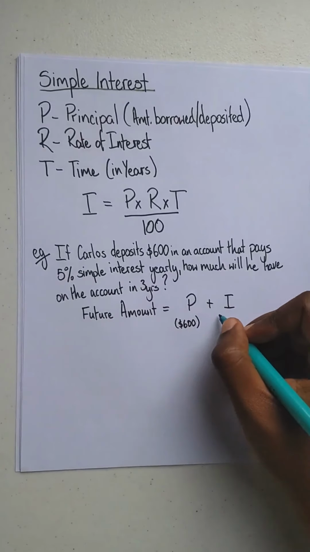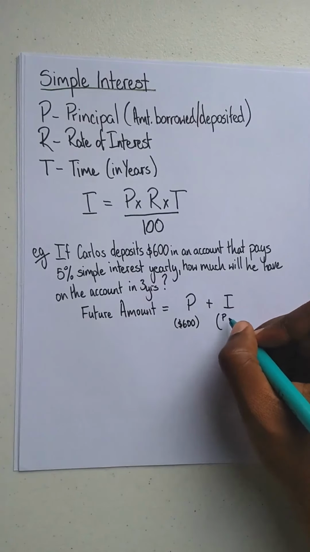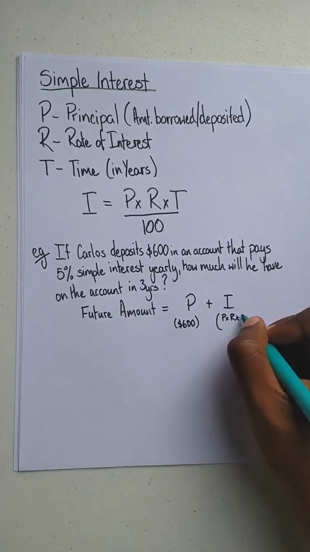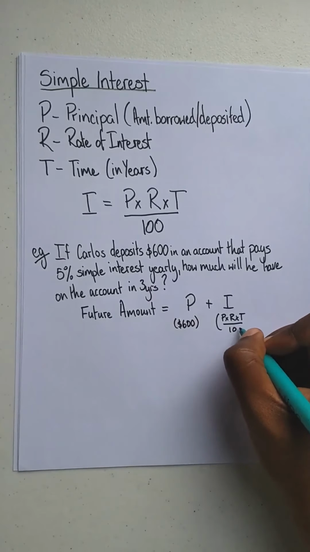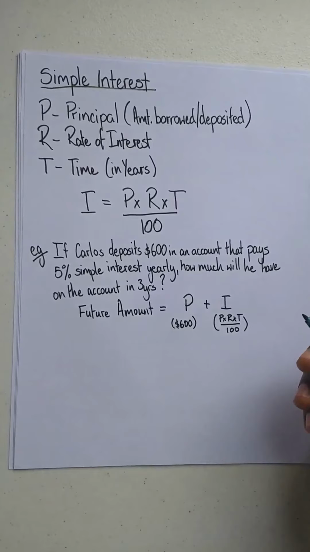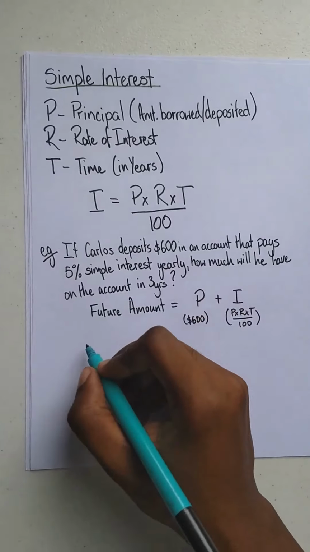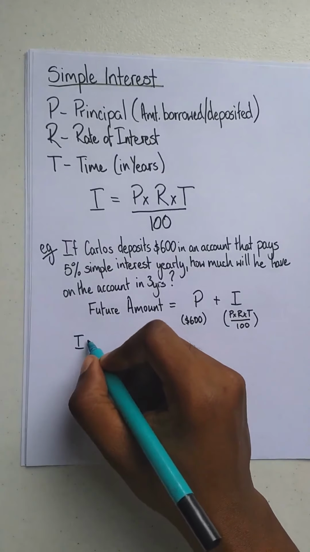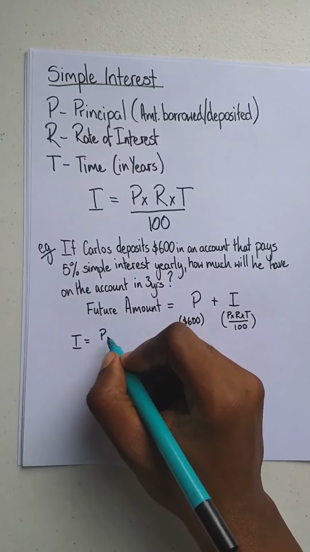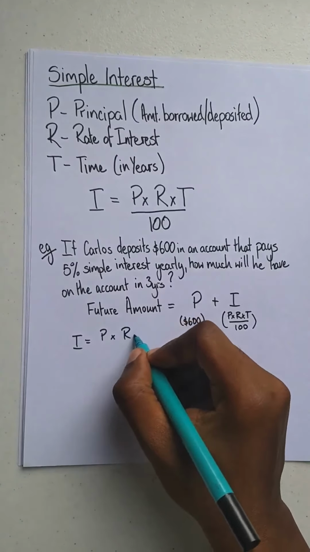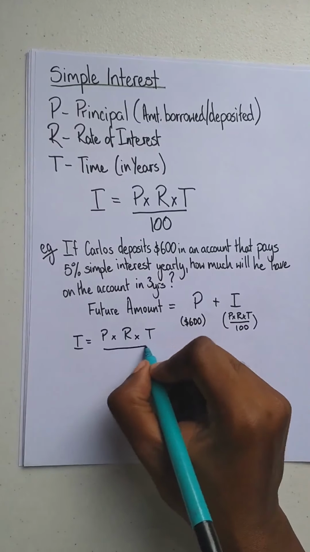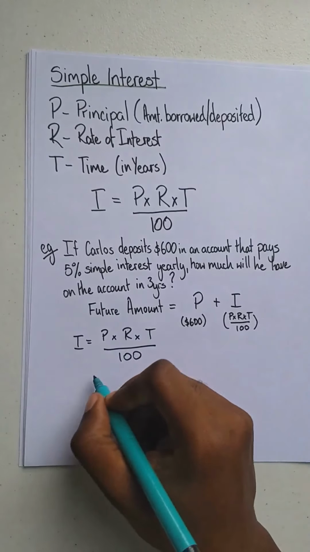Now we have to use the formula P times R times T to establish how much interest is added on after 3 years. So I equals P multiplied by R multiplied by T, all divided by 100.